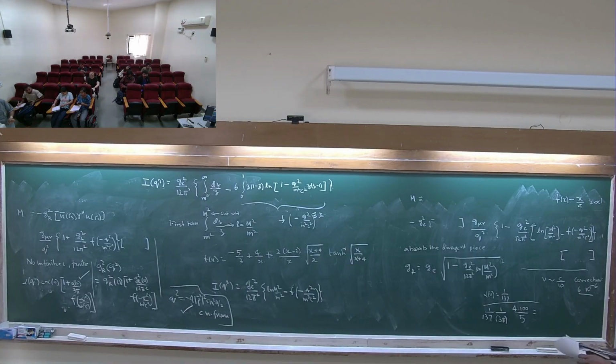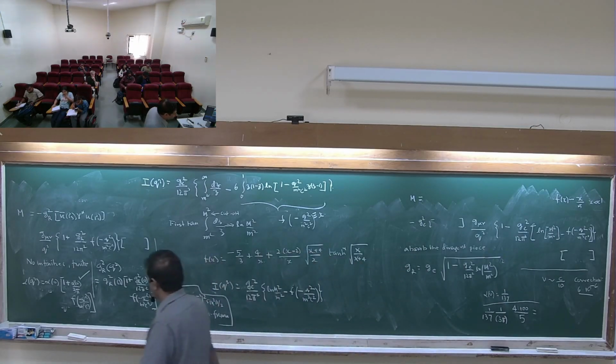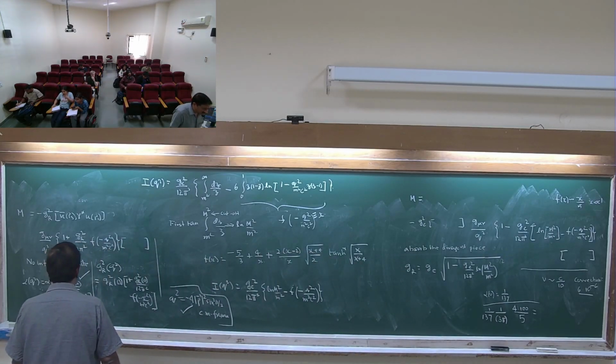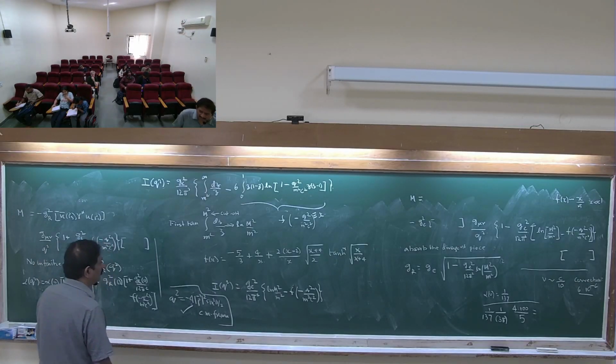I've also done it somewhere. No, this is not correct. Yeah, exactly. So where exactly is the problem? Alpha by 3 pi squared center of mass strain.